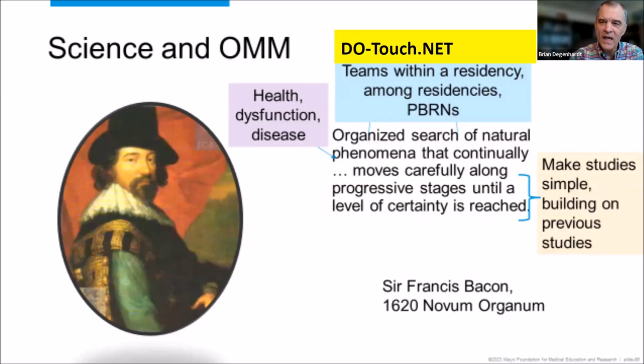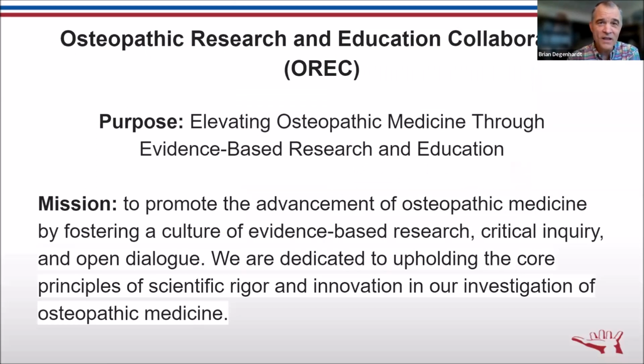And so looking at performing simple studies, building upon previous studies, this is certainly part of our experience with DO-Touch.NET. This is certainly what we are recommending to occur within the Mayo Clinic organization, and they are looking towards us to be a partner in promoting research in this field within their organization. So I think that's really exciting.